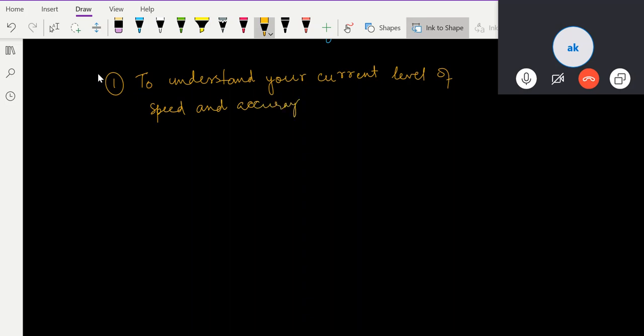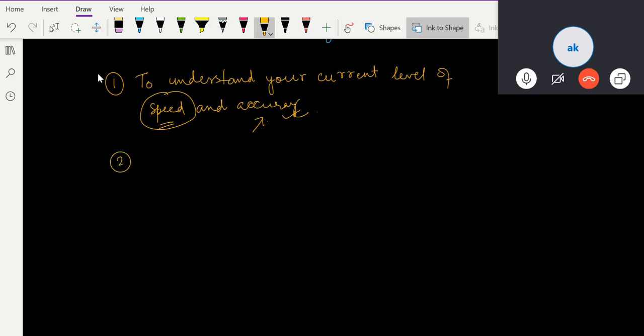I'm not very concerned about the speed, because as I said, accuracy is more important. That's why I said don't go for timing. Try and get as many correct as you can. We'll pick up the speed as we go along. Speed is not a big deal. Accuracy is a big deal.